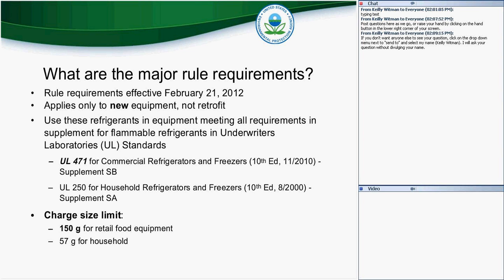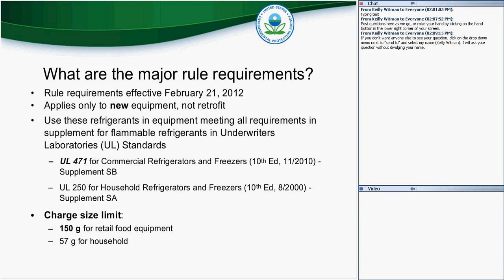Right now we're in a situation where obviously you need to have the SNAP approval for the propane and the substance and the equipment, but before you install equipment in a store, you also need to have the UL rating on it. So there are two sides to this, so just keep that in mind. Even if SNAP had approval for everything already, you would still need to have the UL rating.